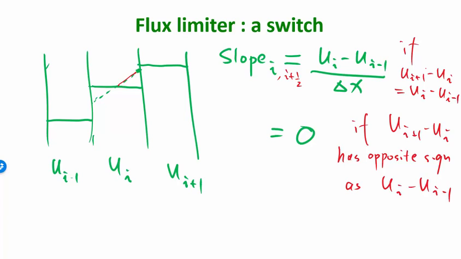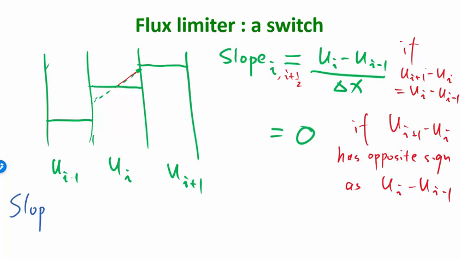The other extreme case is if the two deltas have the opposite sign, they are not even the same sign. So we know these two extreme cases. In one case we are doing extrapolation, the other case we are doing piecewise constant. Now the question is, what do we do in the middle? What we do in the middle is the job of a limiter.